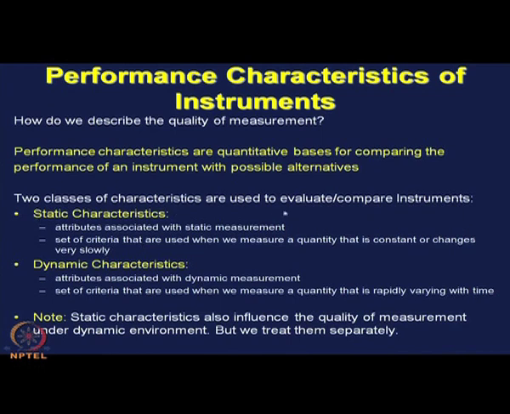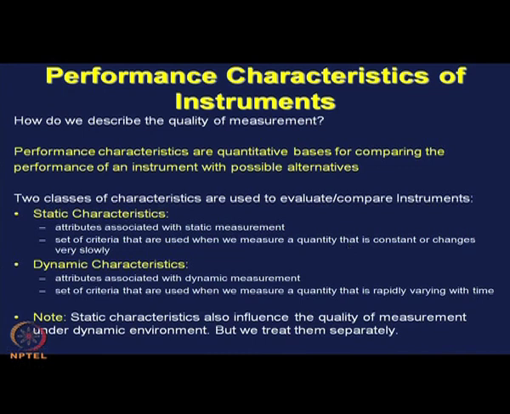Two classes of characteristics are used to evaluate or compare instruments, namely static characteristics and dynamic characteristics. Static characteristics are associated with static measurement. These are a set of criteria that are used when you measure a quantity or a condition that is either constant or changes very slowly with time.